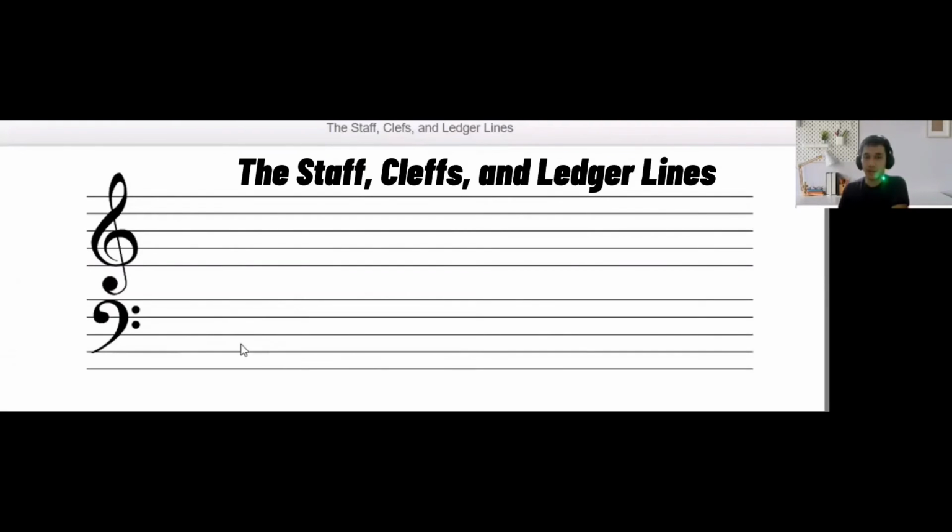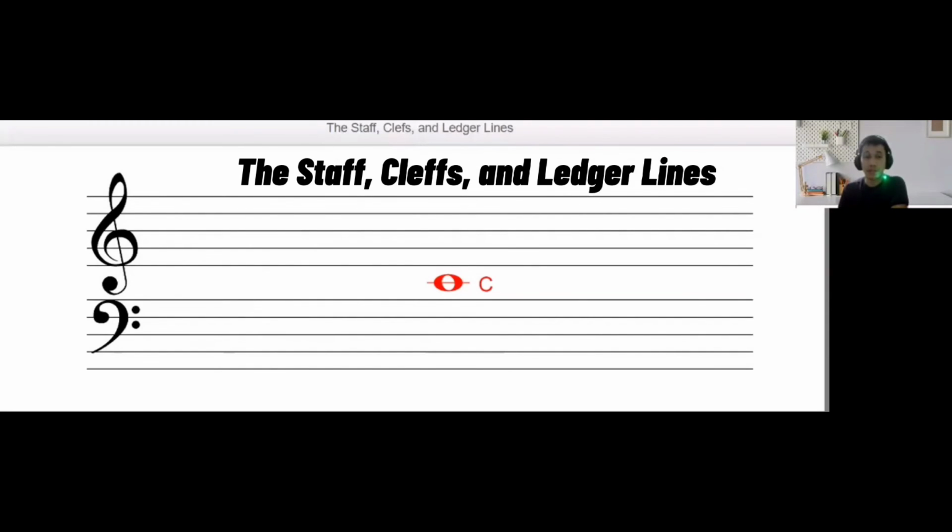The notes here are intended for the left hand, and the notes here are intended for the right hand. We also have this note, which is called the middle C. Notice how the two clefs are joined by the note C, shown in red.